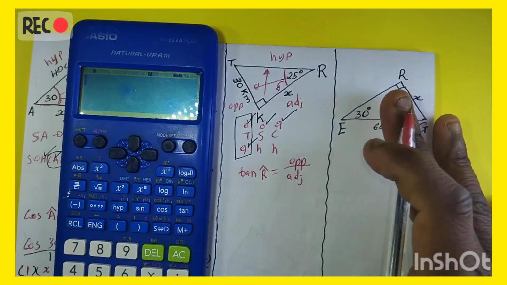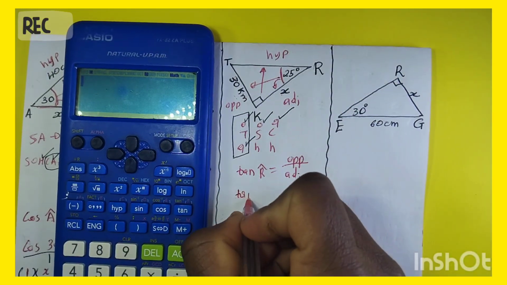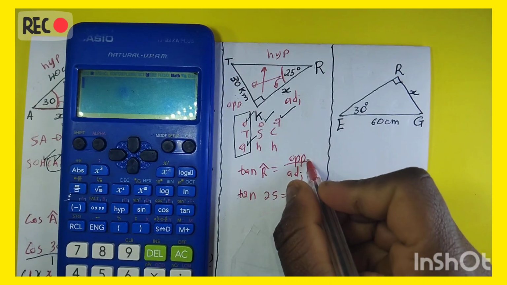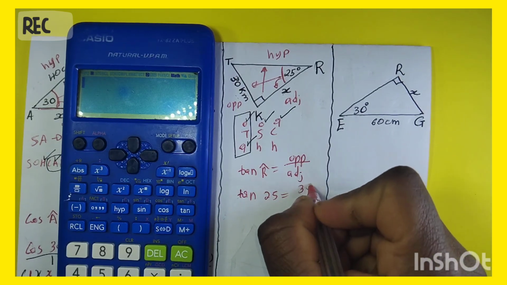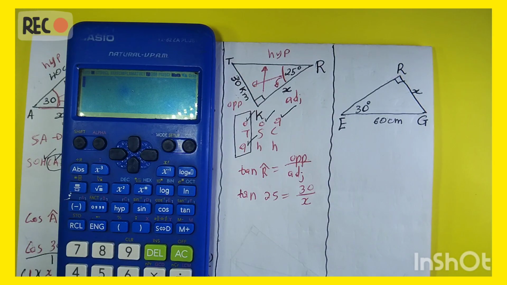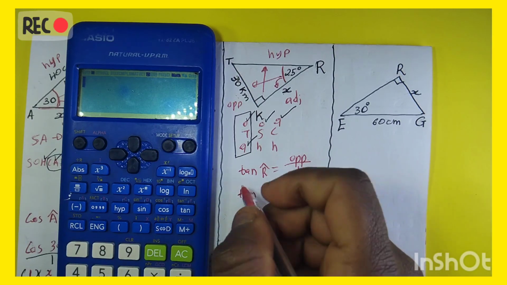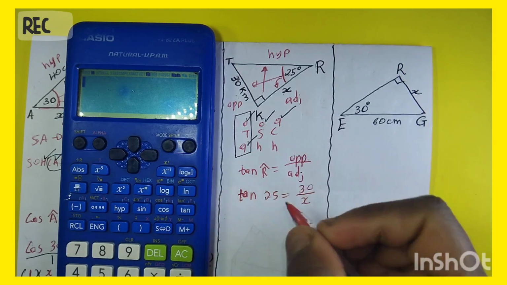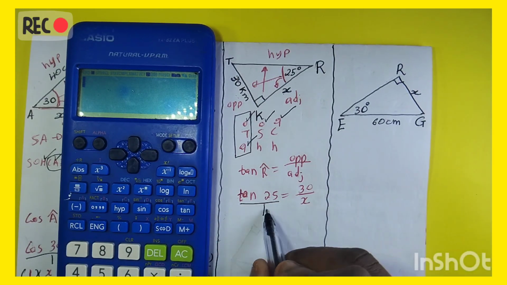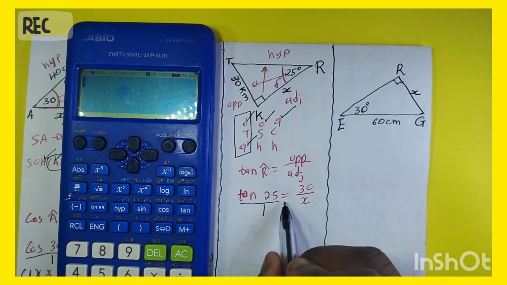So straightforward. Now I can just substitute. Our angle R is 25, our opposite is 30, then our adjacent is X. So this is tan. Do you see? Now I can put an invisible one so that I have two fractions separated by an equal sign.